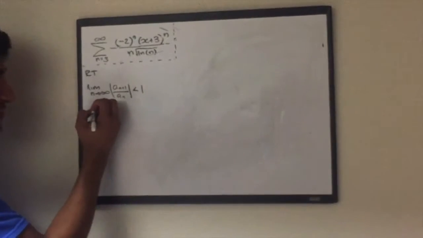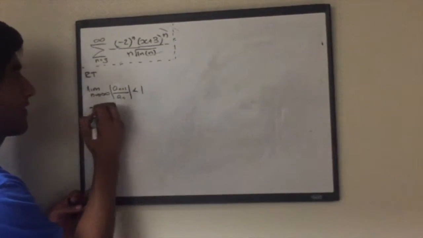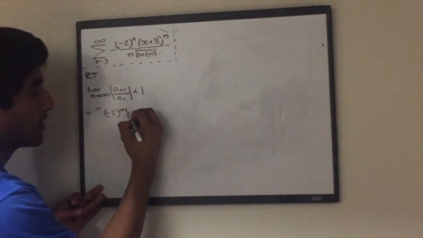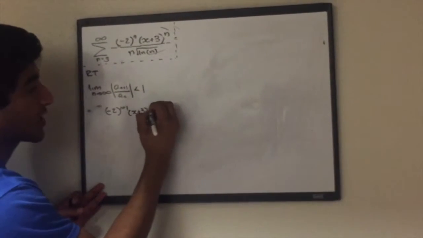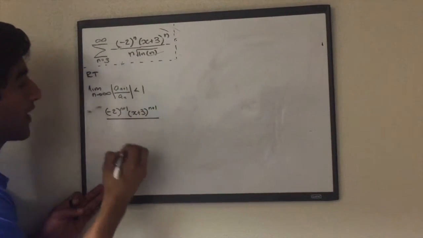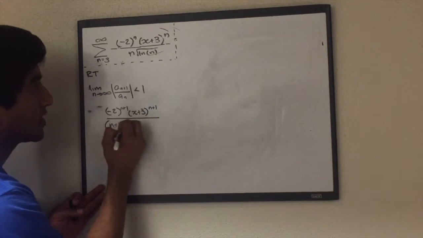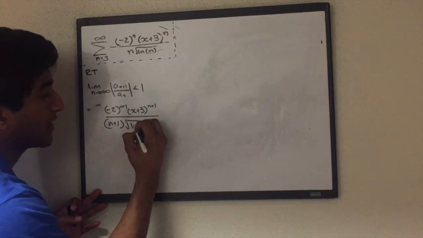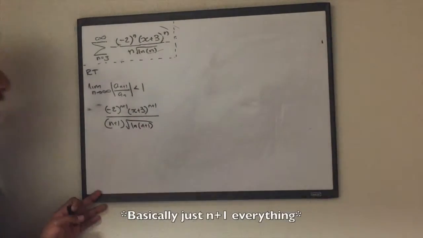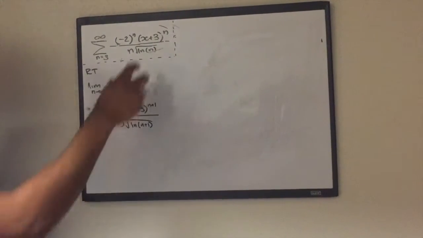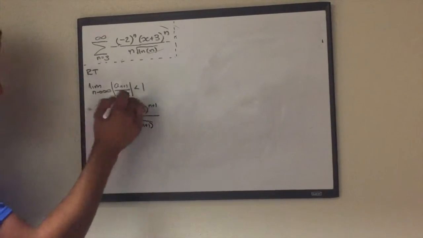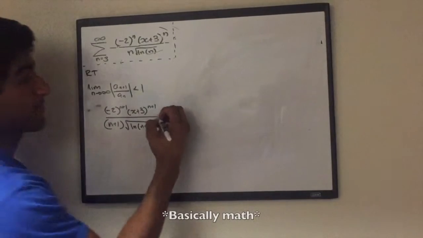So the first thing that we would do is take negative 2, make it n plus 1, x plus 3, make it n plus 1, and have it over n plus 1 times the square root of ln of n plus 1. And then we multiply by the reciprocal of this, because that's equivalent to putting it over a sub n.